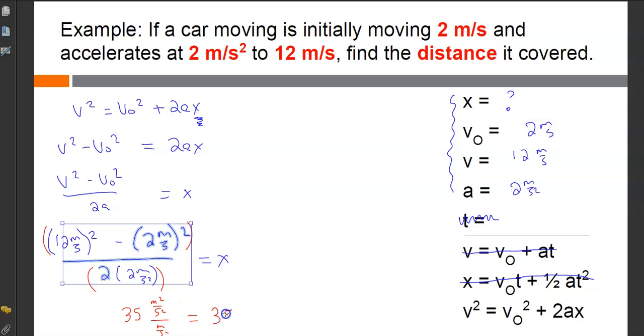Compound fraction, I invert and multiply. Meters squared over second squared times, inverting, second squared over meters. The second squared on the top cancels the second squared on the bottom. The single meter on the bottom cancels one but not both of those. So I'm just left with 35 meters. All right, and the units worked out. Everything's good.